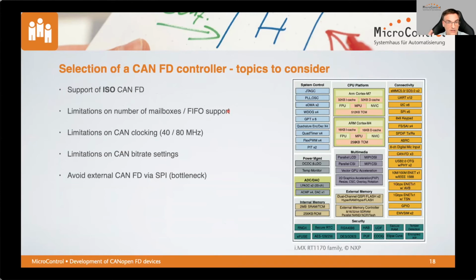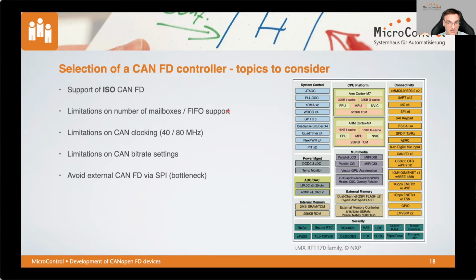Now let's come back to the CAN FD controller and topics to consider when we select one. You see here a picture of an i.MX RT1170 family from NXP, quite a new device, having an ARM Cortex M7 inside. There are also derivatives available which have a second processor, a Cortex M4, for doing some additional support and lots of connectivity.